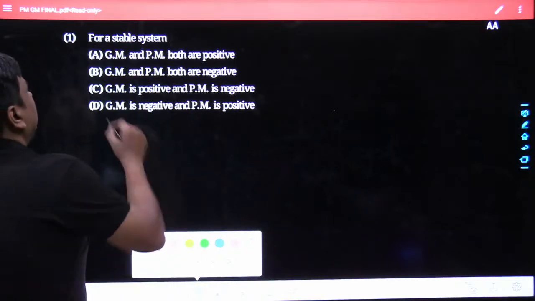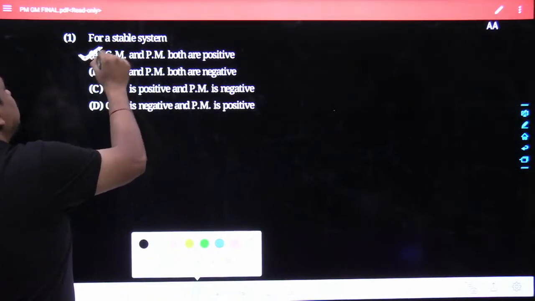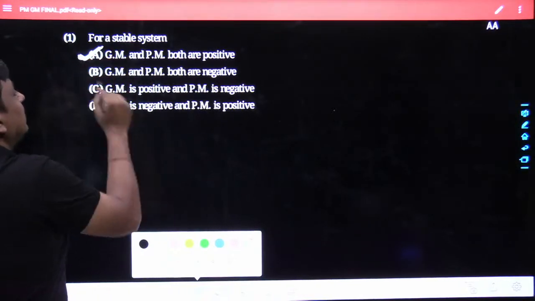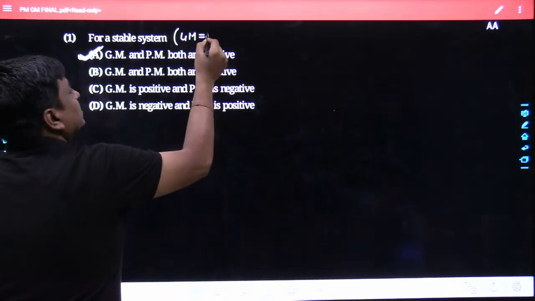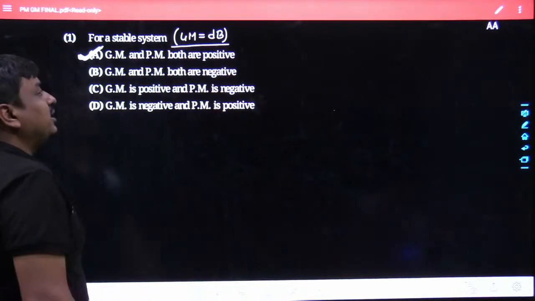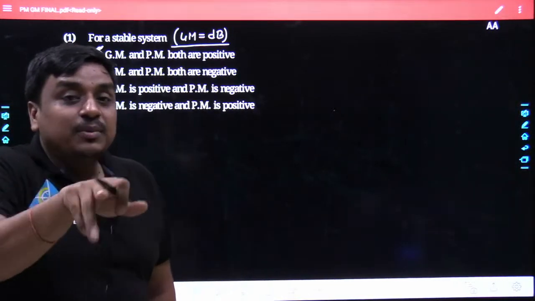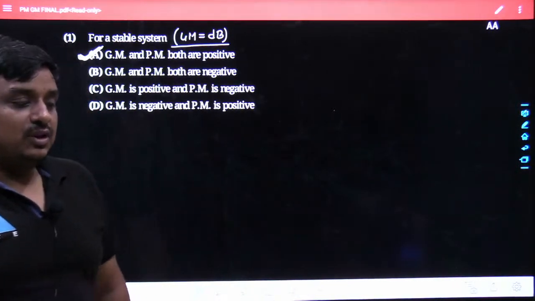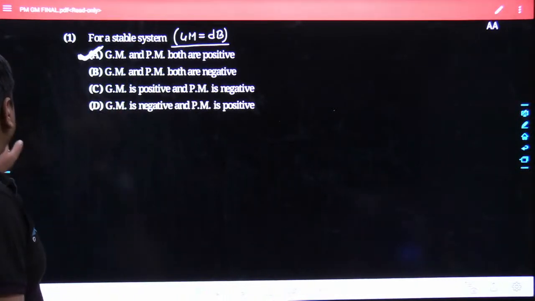Once you watch each option carefully, at least you can guess one thing: the gain margin was calculated in dBs. And if the gain margin is calculated in dBs, for a stable system, gain margin has to be greater than 0 dB. Put together, it has to be positive. Agreed?